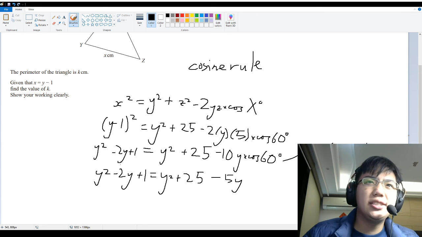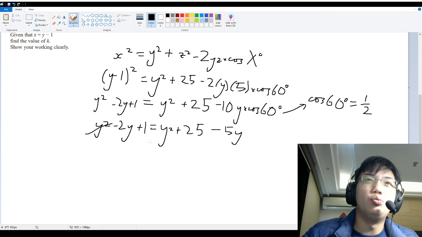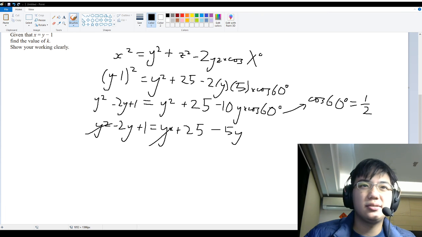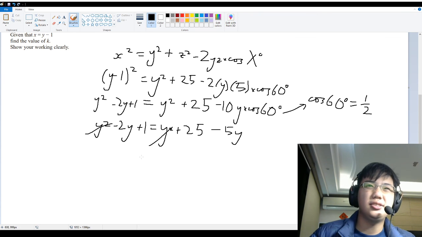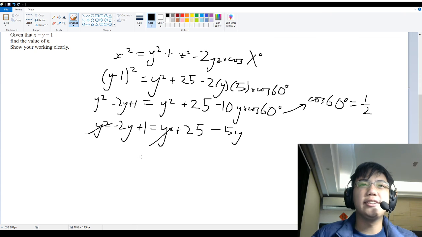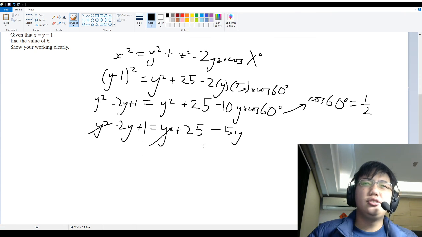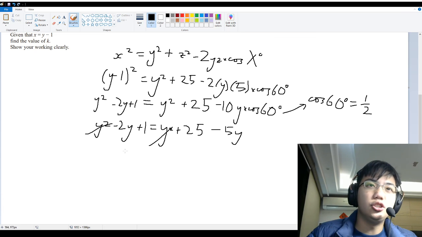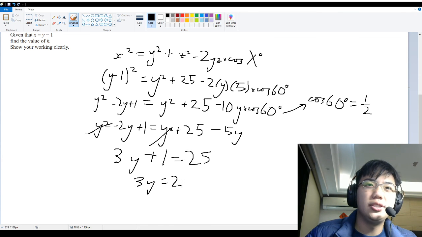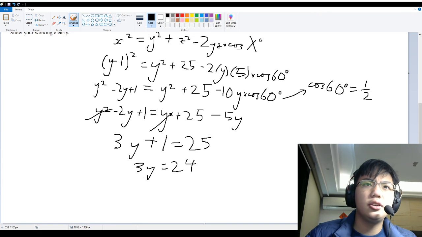What we can do with this is, first of all, remove the y squared from both sides, because you can cancel out like terms to simplify your equation. And now we can just rearrange the equation. So 3y plus 1 equals 25, 3y equals 24, and y equals 8.